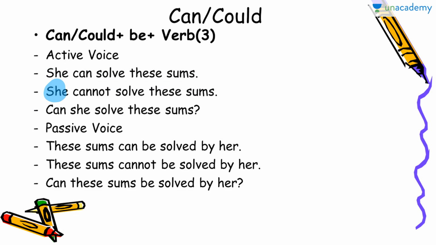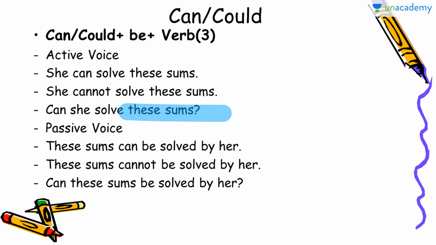Again, the one who is doing the work is at the start, followed by cannot, telling about a negative sentence, then solve, first form, and then these sums, the object. Can she solve these sums? Can, here it is a question, an interrogative sentence, so it starts with can. Then in the subject place, we have she, the one who is doing the work, then solve, verb first form, and these sums, the object.